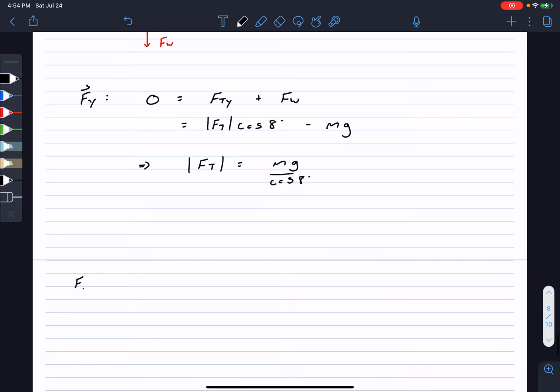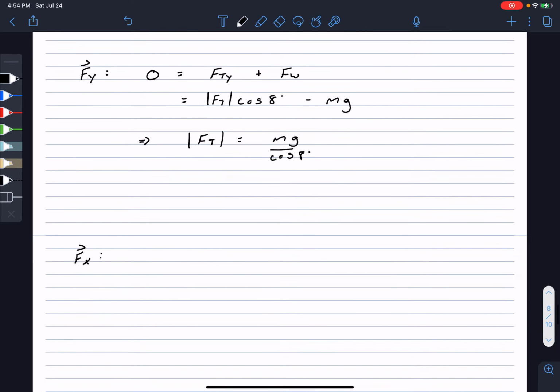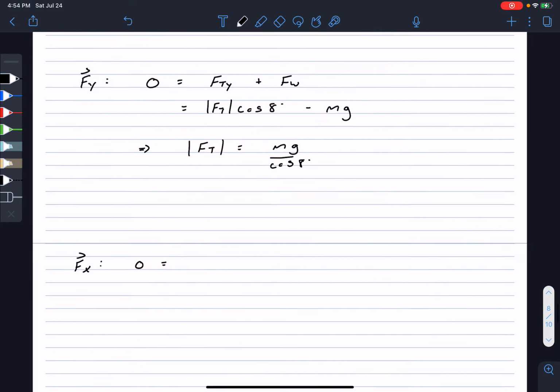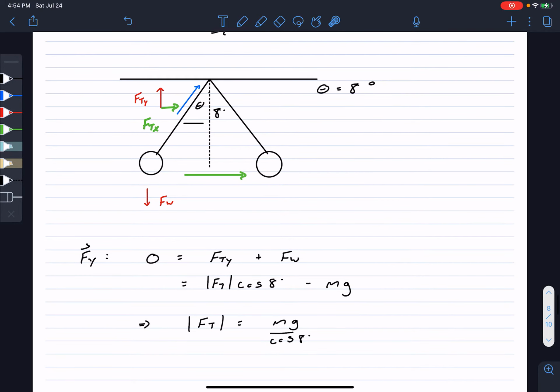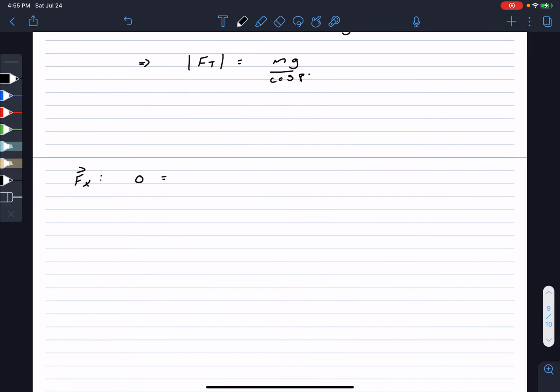Now let's take the x direction, also in equilibrium. We have a tension force pulling to the right. If we just pick a direction, we also have a magnetic force pushing to the left.